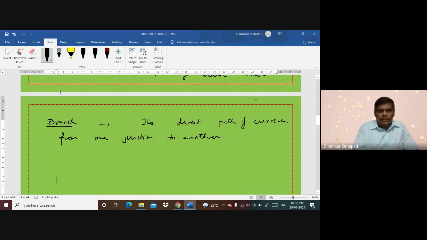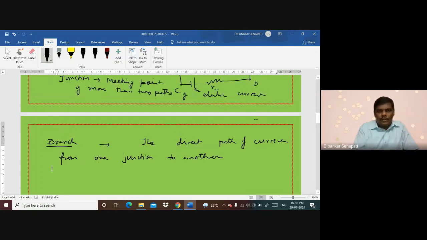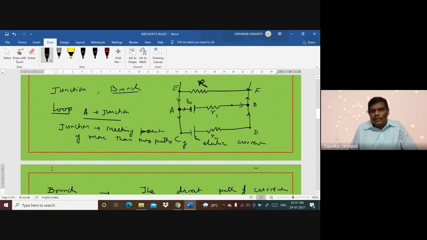In the previous figure, if we consider this figure only, then A to B is a branch. B D C A is one branch, but A E F is not a branch, because this is not a direct path. We are coming across one more junction. From one junction to another junction, this is what a branch is.